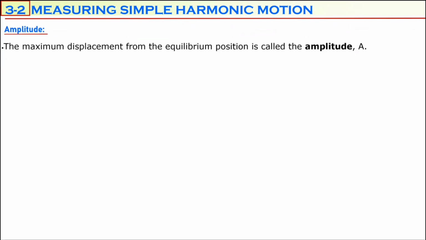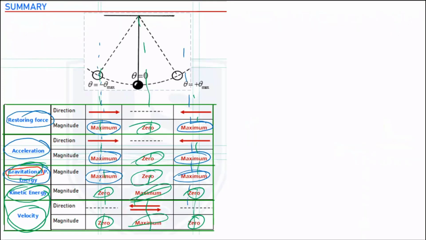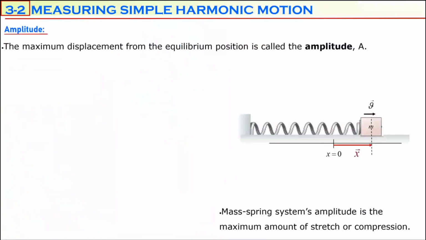So till now we talked about the maximum displacement. Remember in the previous explanation, this is, for example, maximum displacement. In a simple pendulum, this maximum displacement is generally represented by an angle. But in a mass spring system, that maximum displacement is represented by distance. In mass spring systems, amplitude is the maximum amount of stretching or maximum amount of compression.